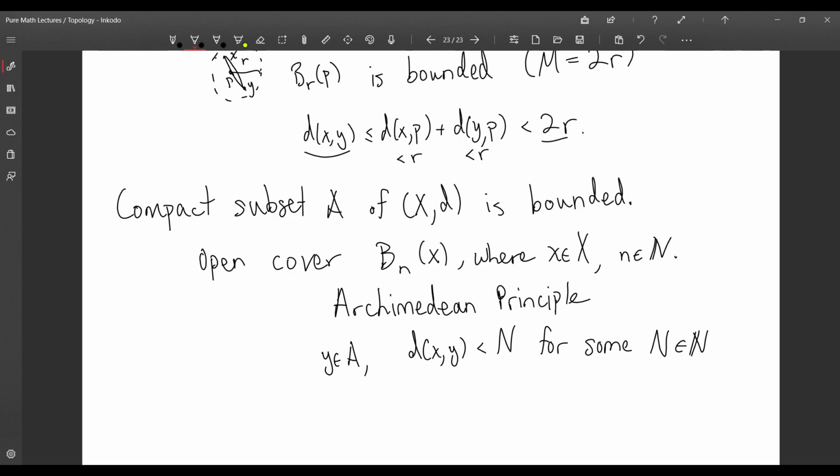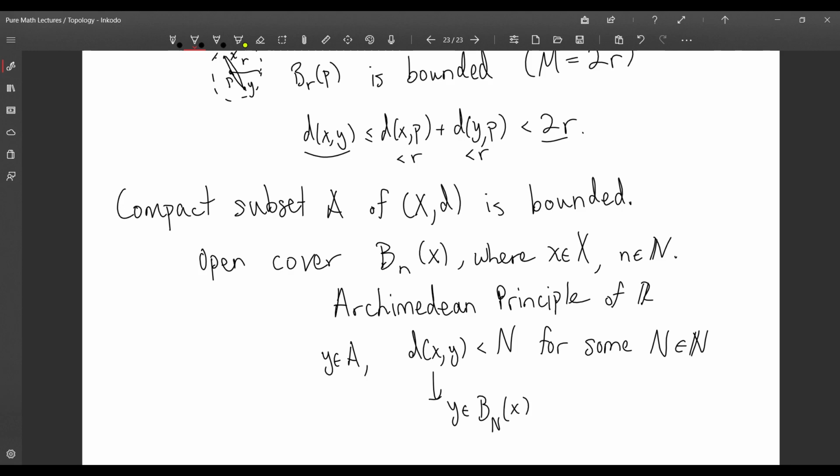In other words, you can always find some natural number which is bigger than a real number. So this is called the Archimedean principle of the real numbers. So this shows that A is in this ball, right?